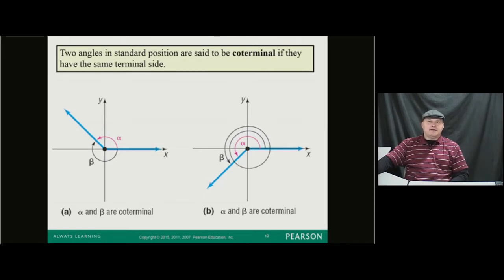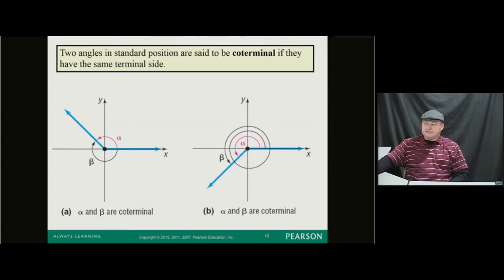Alpha goes counterclockwise to the blue terminal side, but beta goes around one time and comes back to that same terminal side. In this case, beta is actually 360 degrees larger than alpha, but they're coterminal because they share the same terminal side.